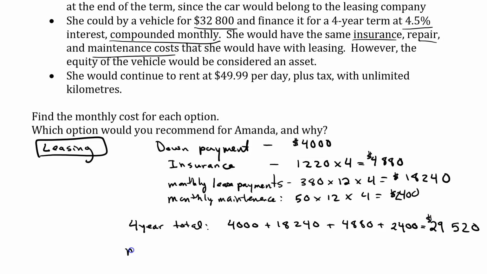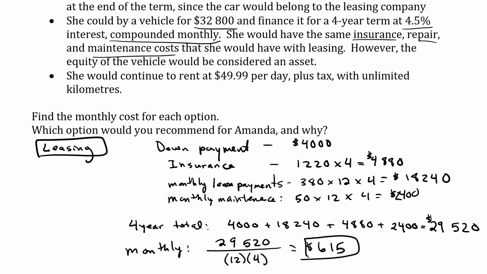When we want to find the monthly cost, we're going to say 29,520 divided by 12 months divided by 4 years to get a total of $615. So that's how much leasing is going to cost.